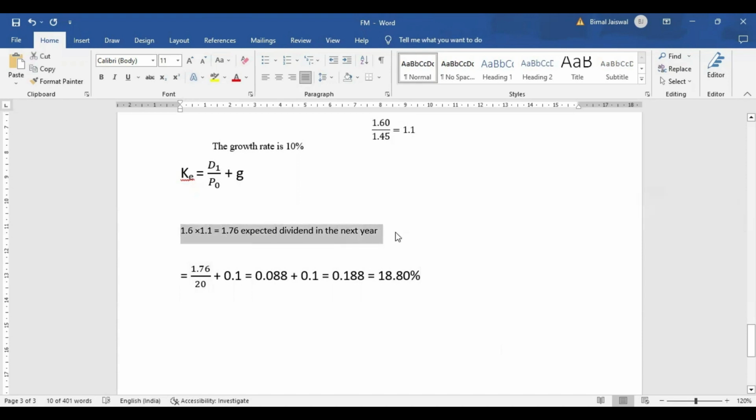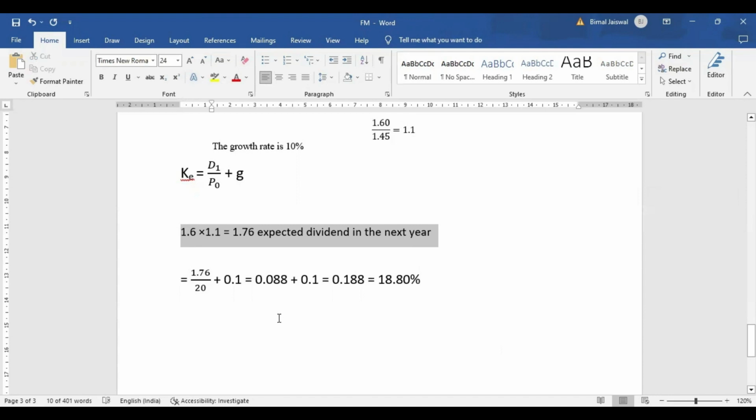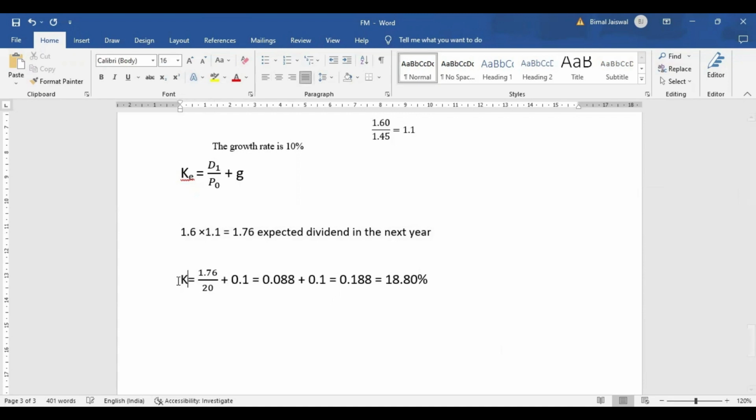1.76 divided by 20 plus the growth rate, given as 10%. That means the cost of equity, if it is growing at normal growth, that is constant growth, will come to 18.80%.